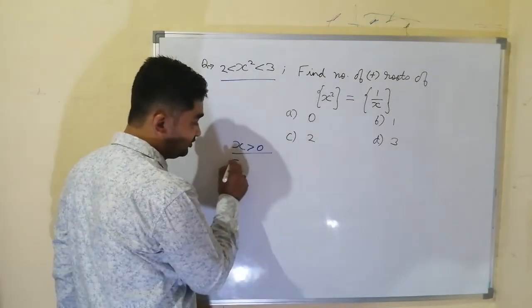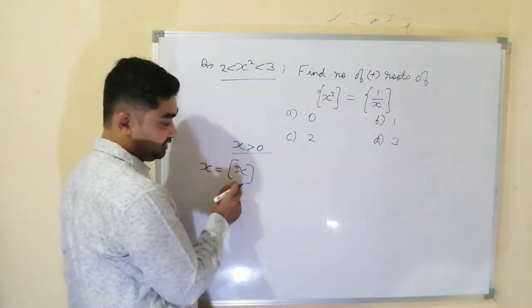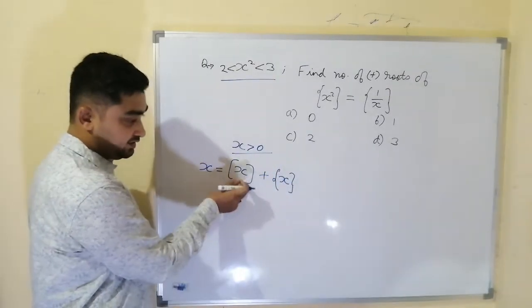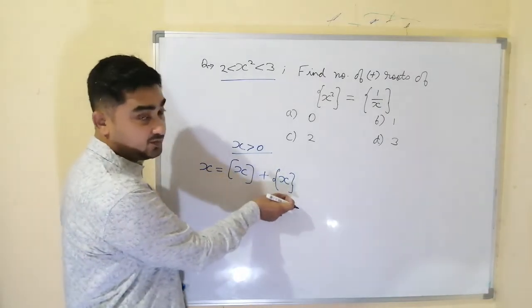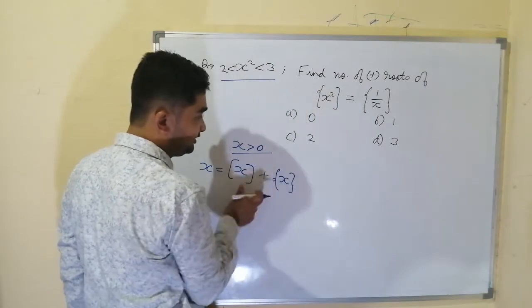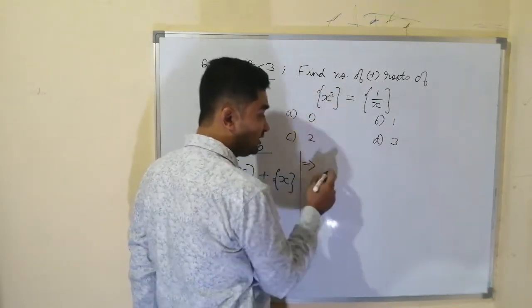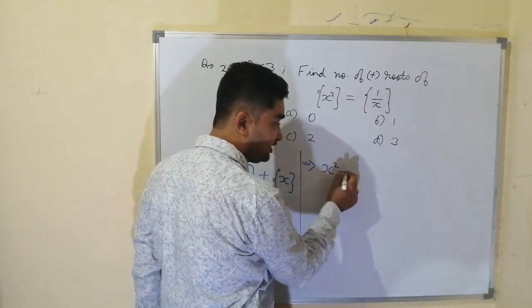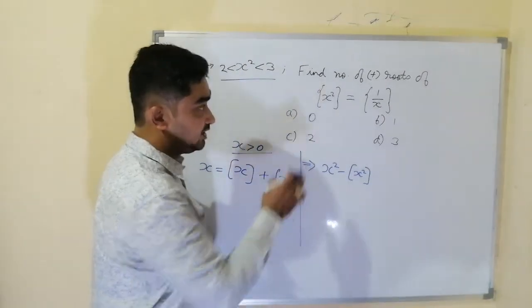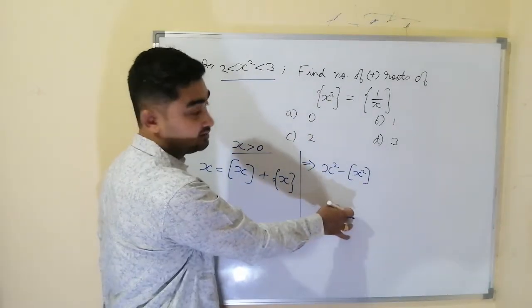And we know that any number, already I told you, any real number is equal to its integral part plus its fractional part. So x can be written as integral part of x plus fractional part of x. So here, putting this condition in this given equation, fractional part of x square will become x square minus integral part of x square, because fractional part of anything is equal to that thing minus integral part of that thing.